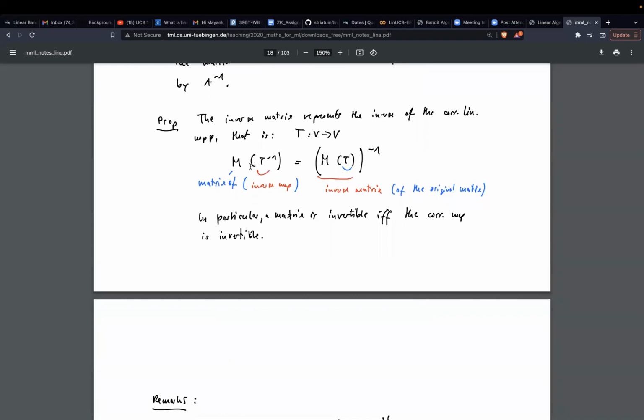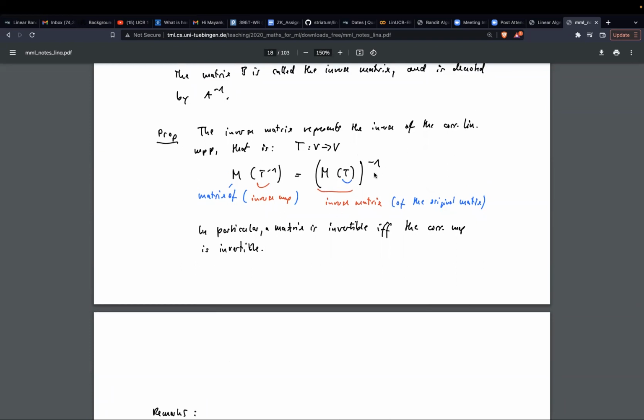I think what they have written is that the matrix of the inversion is the same as the inverse of the matrix of that transformation. We haven't talked about the concept of inverse of a matrix, but essentially this is the same thing.